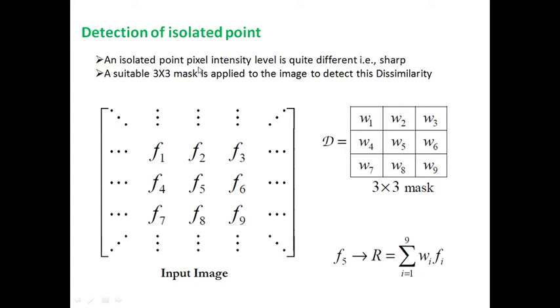This isolated point's pixel intensity level is quite different, in fact very sharp. If I provide you with an image, inside that image there will be a point whose intensity is quite different and sharp. We need to discuss how to detect that kind of scenario. Let this be the input image I was provided with, and I have a mask which is a 3x3 matrix.